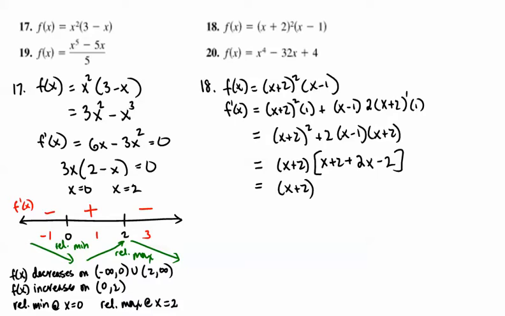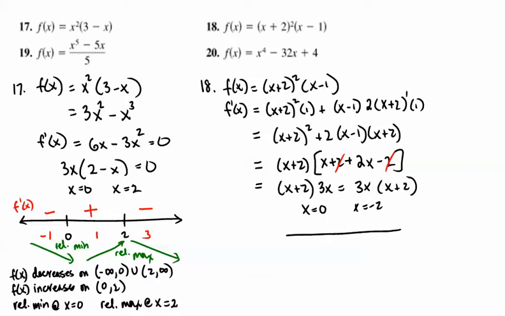The 2's will cancel out here. And x plus 2x, which is simply 3x. So I could also write it as 3x times x plus 2. Alright, so there I have my zeros at x equals 0 and x equals negative 2.